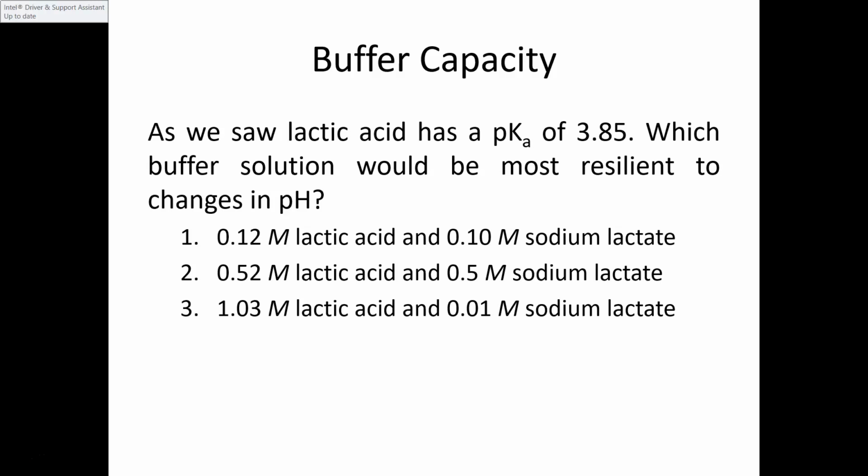Now, the first example there, the 0.12 and 0.1 molar solutions of lactic acid and sodium lactate, is a good buffered solution. It has approximately equal amounts of both acid and its conjugate ion, so it will resist changes for a while. However, it won't last nearly as long as the second case, simply because that one has a higher concentration, or more moles, in it.